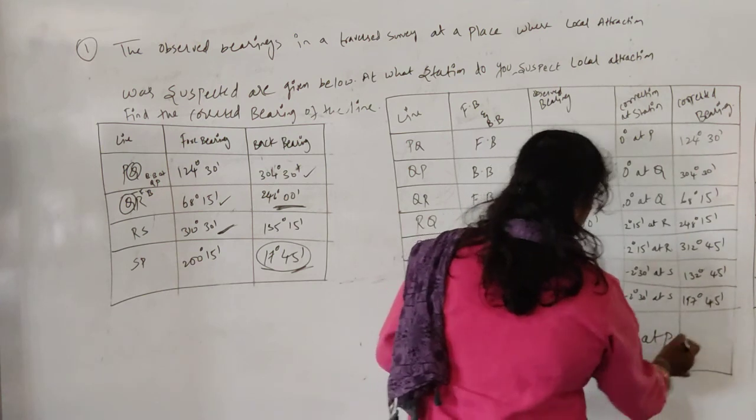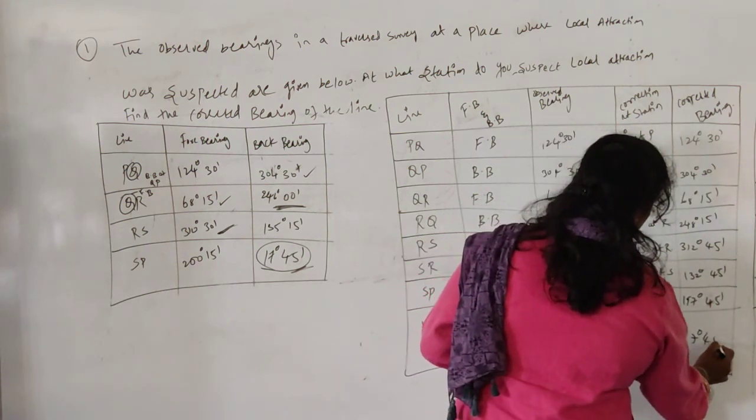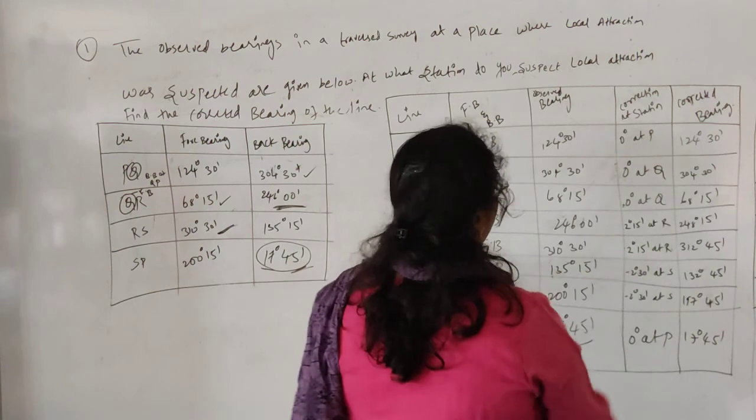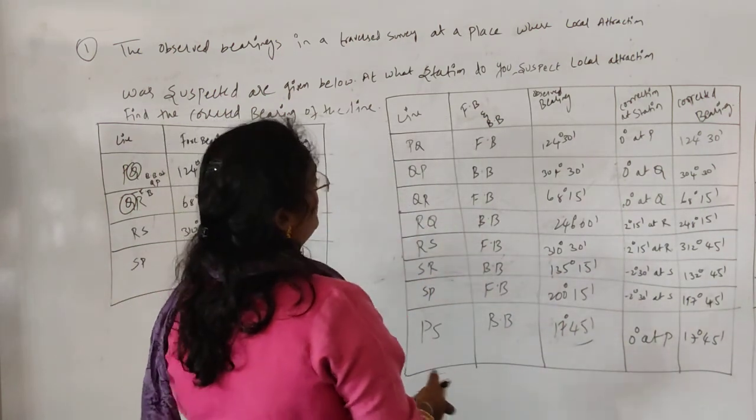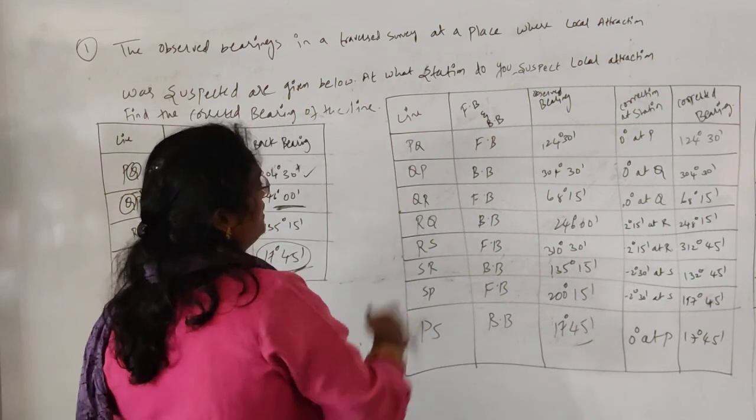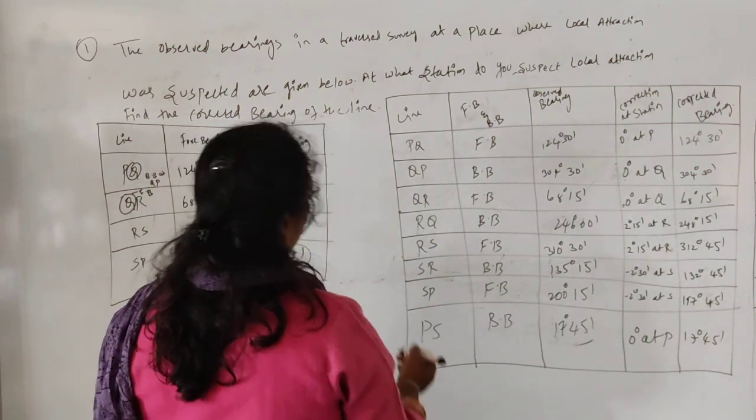Right, however, the same value reflects here. You can check the corrected bearings: the difference will give you 180 degrees everywhere. So this is right.